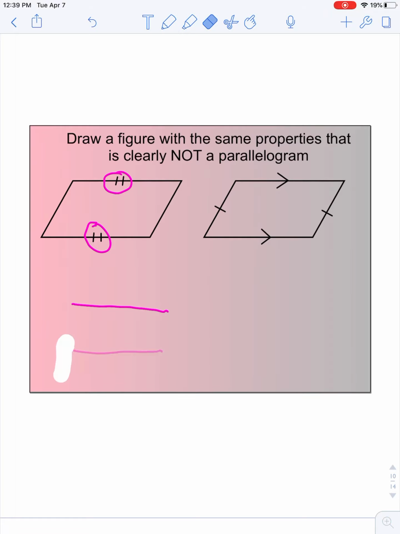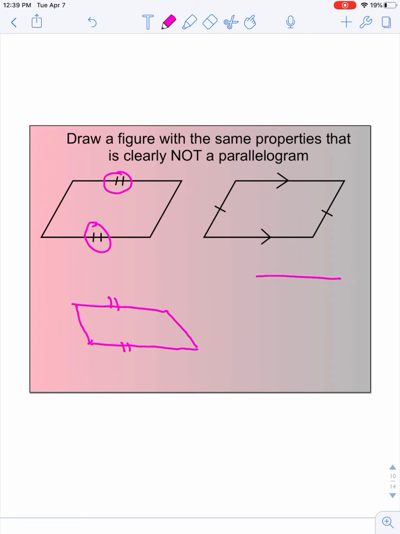I should maybe shorten this side a little bit and have them offset like this. But then this side right here does not necessarily have to be the same length. So these two sides can still be the same, but these would not. And the same is true for this one.